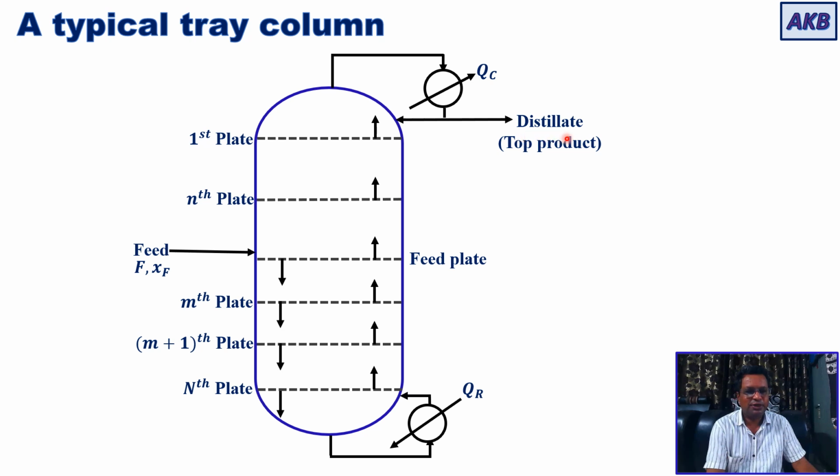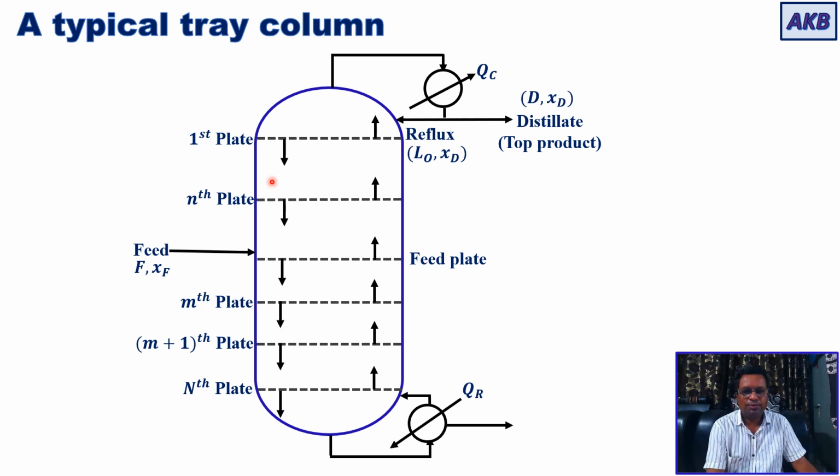The product will be distillate, that is the top product. We are going to identify this distillate by using this notation. Then the other fraction that goes back to the column, we call that reflux. After entering the column, the liquid will flow down, and then on the feed plate it will get added to the feed that is coming into the column.